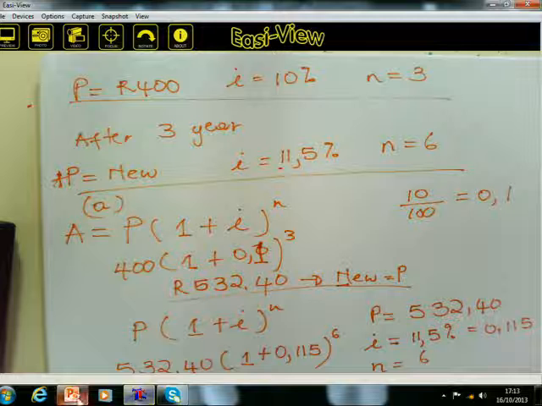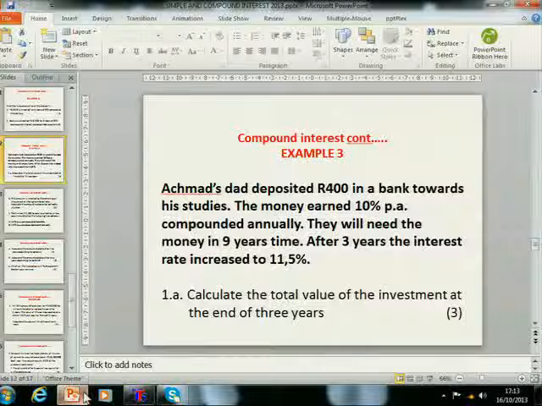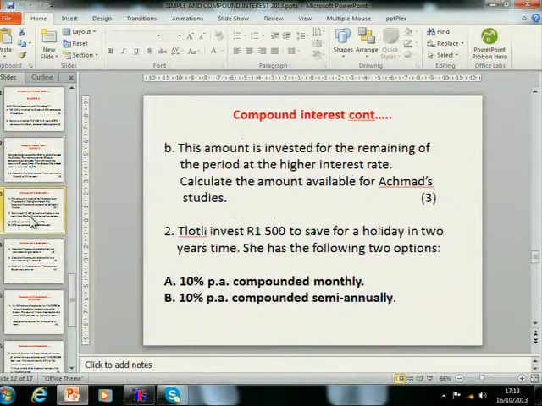And then the next question, number B. It's saying this amount is invested for the remaining. The amount that's invested for the remaining, it's 532 rand 40 cents. For the remaining of the period at the higher rate which is 11.5%.